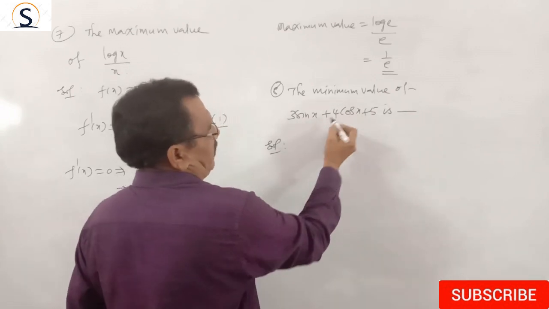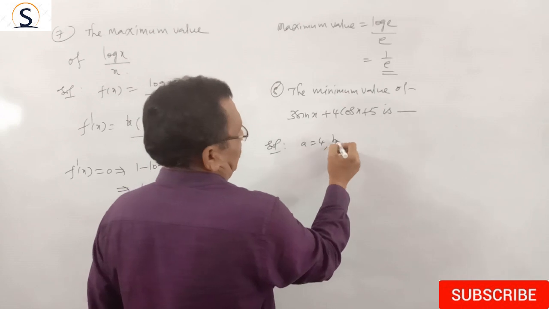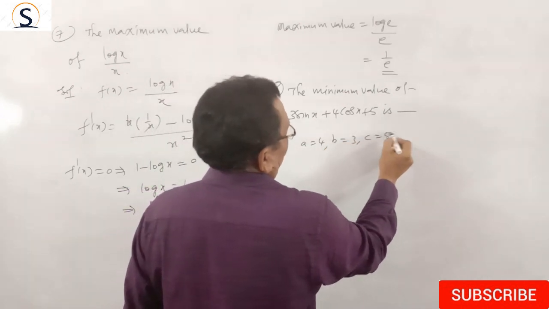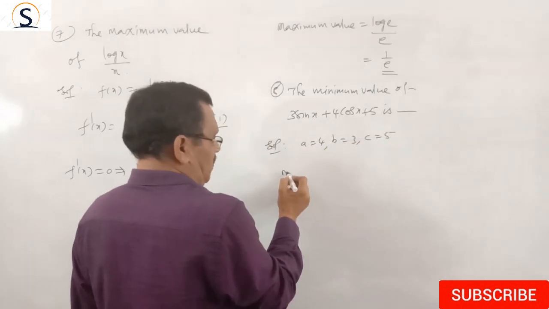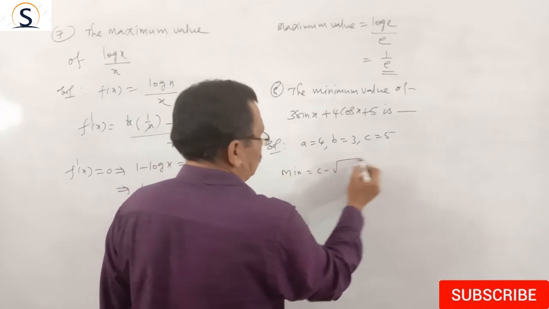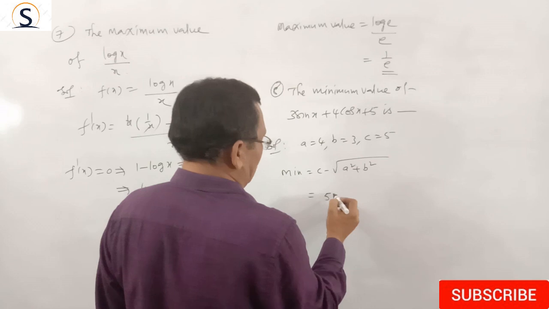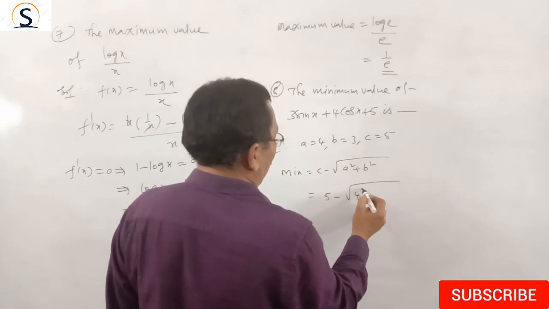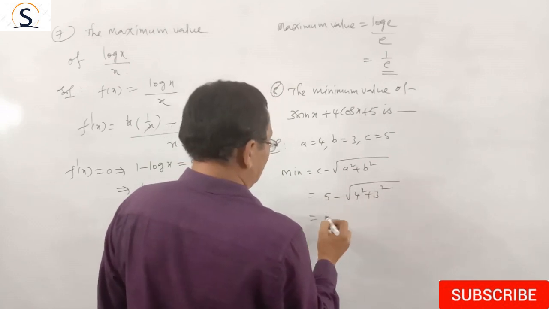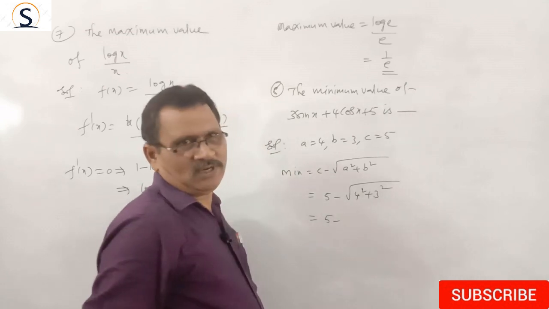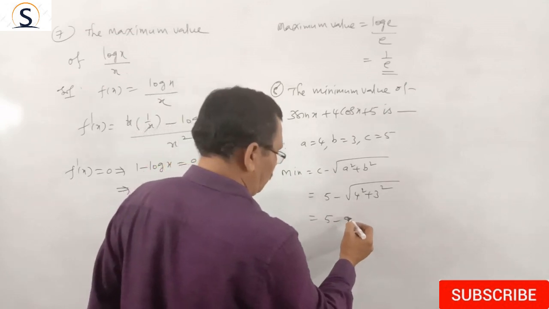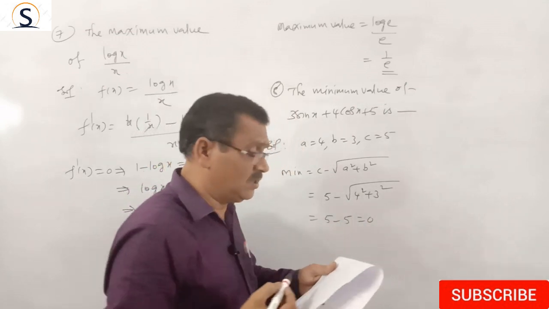So that means the cos x coefficient is a, which is 4, b is equal to 3, c is equal to 5. What is the minimum value? c minus root of a square plus b square. That is, c means 5, minus root of a square plus b square. 5 minus root of 16 plus 9, 25. Root 25 is 5. So 5 minus 5 is equal to 0.